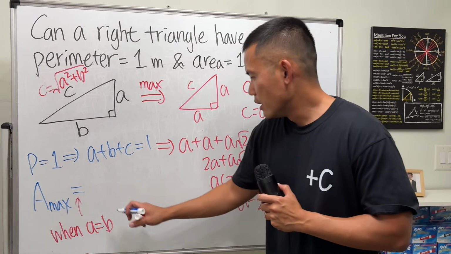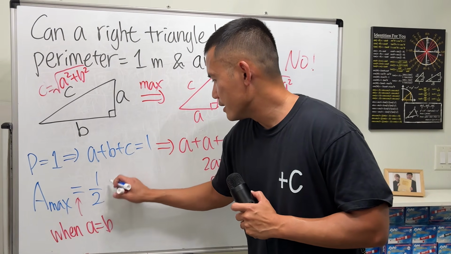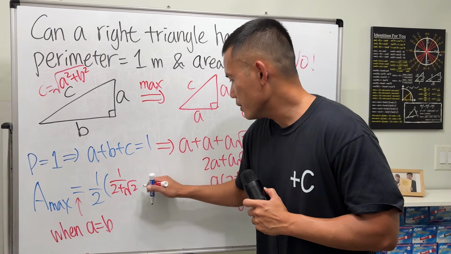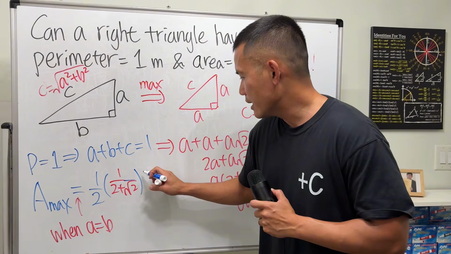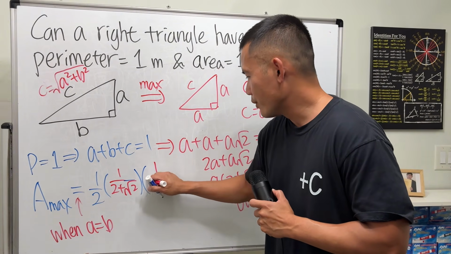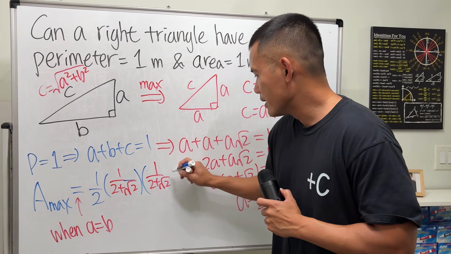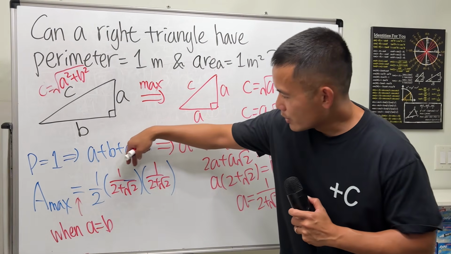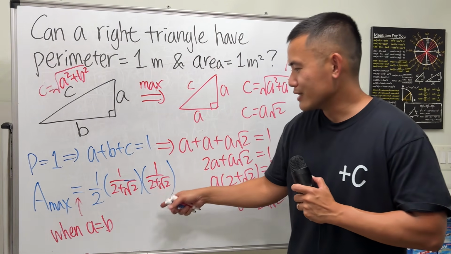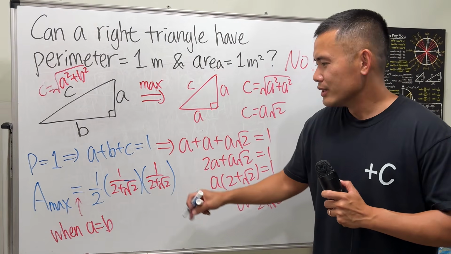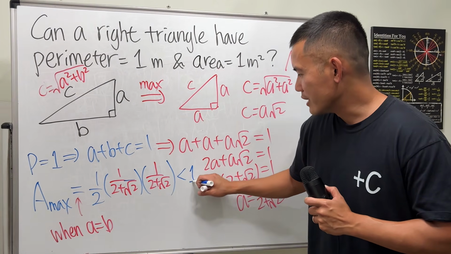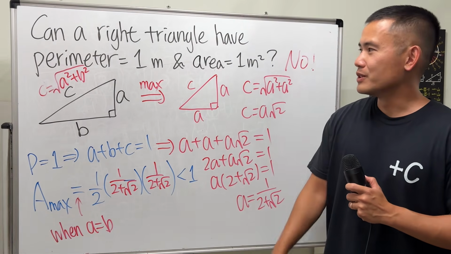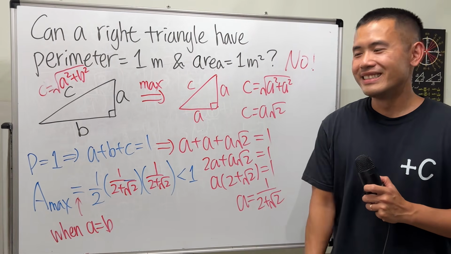So we just have to do 1/2 times A, which is 1 over 2 plus square root of 2, and then times another 1 over 2 plus square root of 2. This is the maximum area. Have a look, we have 1 times 1 times 1 on the top, and everything on the bottom is bigger than 1. So when you multiply this out, for sure, you get something less than 1. The maximum area is less than 1, so it's not going to be equal to 1.